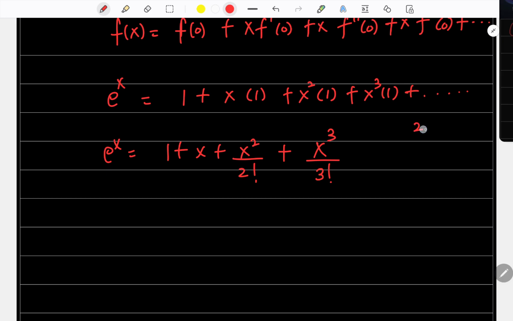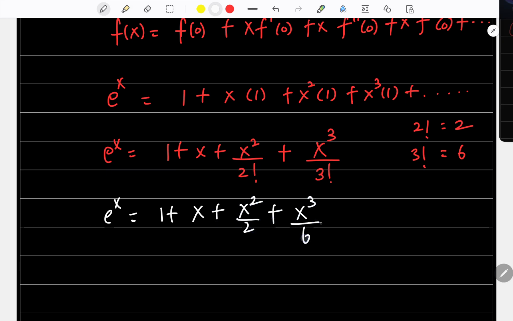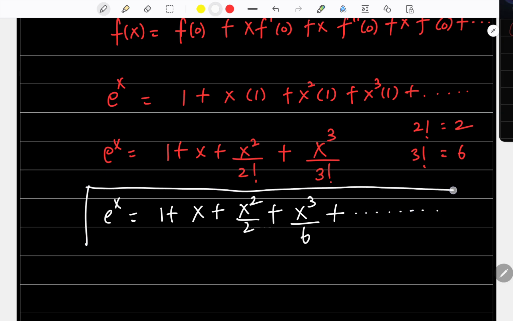Factorial 2 is equal to 2 and factorial 3 is equal to 6, you know very well, right? So my equation will be e power x equals 1 plus x square by 2 plus x cube by 6 plus so on. This is the Taylor series expansion of e power x.